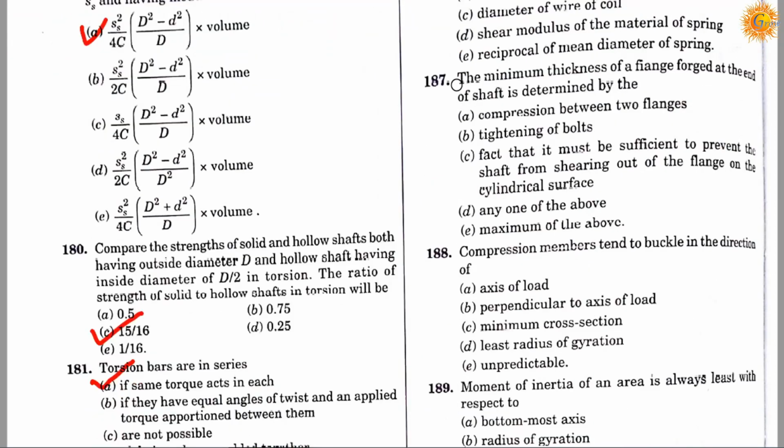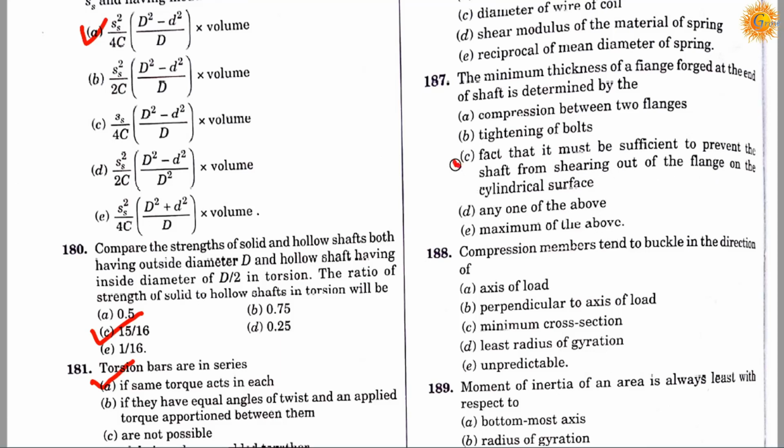Question number 187. The minimum thickness of a flange forged at the end of a shaft is determined by: option A, compression between two flanges; option B, tightening of bolts; option C, the fact that it must be sufficient to prevent the shaft from shearing out of the flange on the cylindrical surface; option D, any one of the above; option E, maximum of the above.